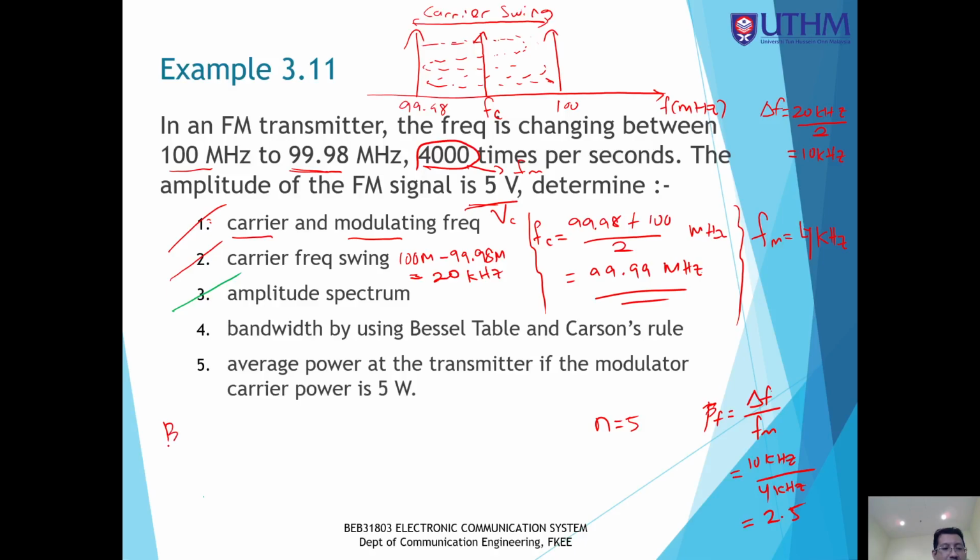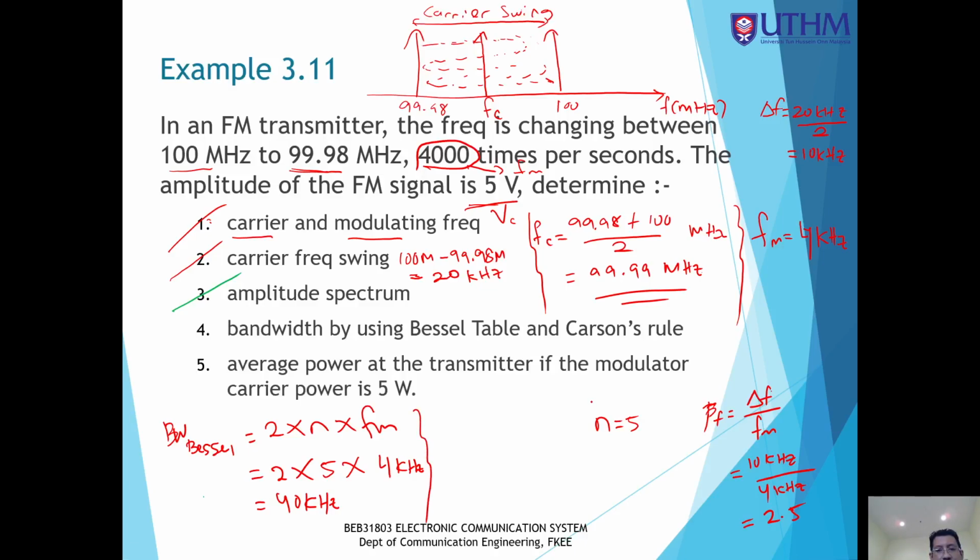Bandwidth by Bessel is equal to 2 times n times Fm. So this is 2 times 5, remember we have 5 significant sidebands, multiplied with the modulating signal, which is 4 kilohertz. So this is equal to 40 kilohertz. Very easy.